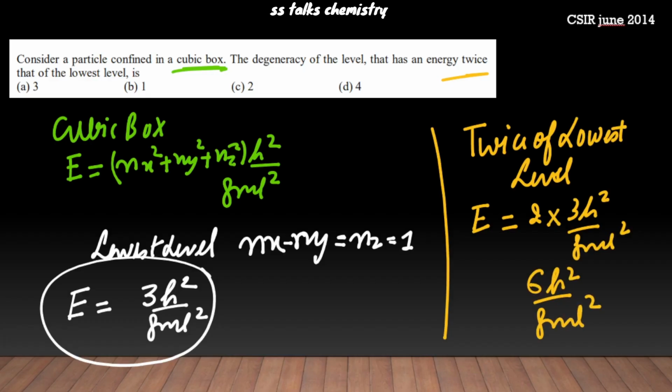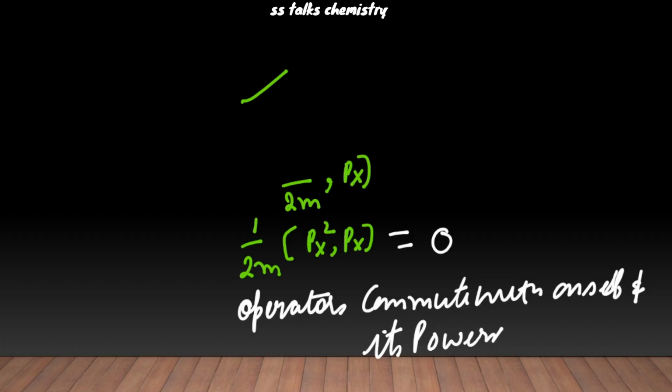Now the degeneracy is equal to n square.